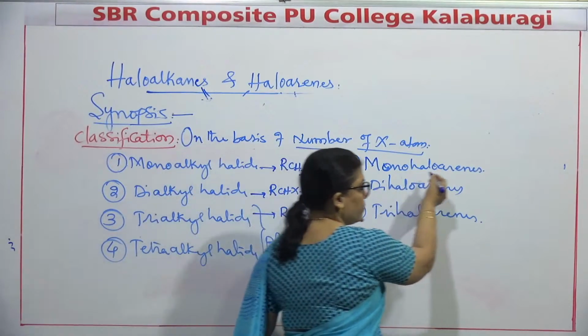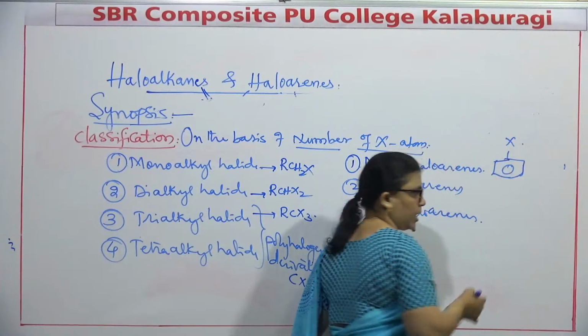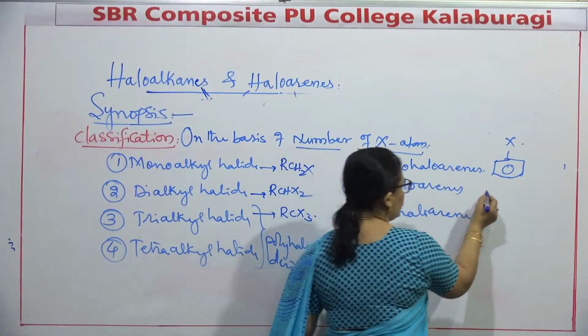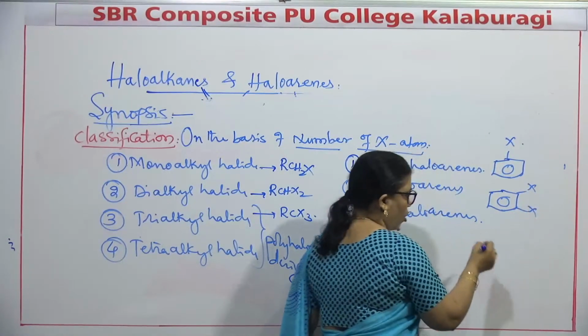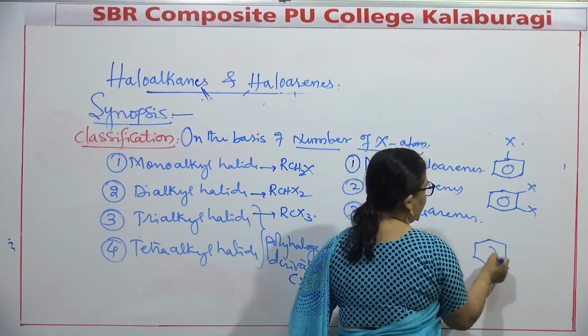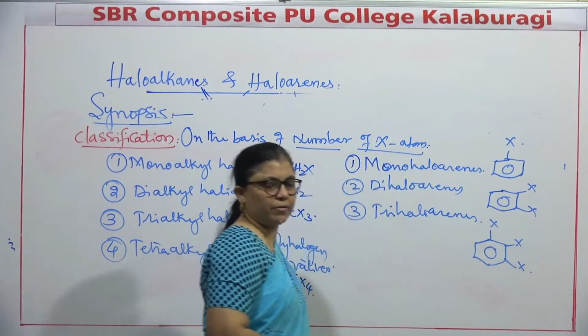Same way, when we are dealing with monohaloarene, only one hydrogen atom is replaced by a halide group, or two hydrogen atoms, or three hydrogen atoms are replaced by halide groups. This is all about general representation.